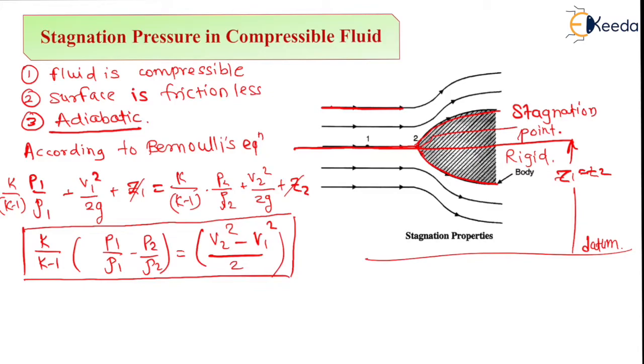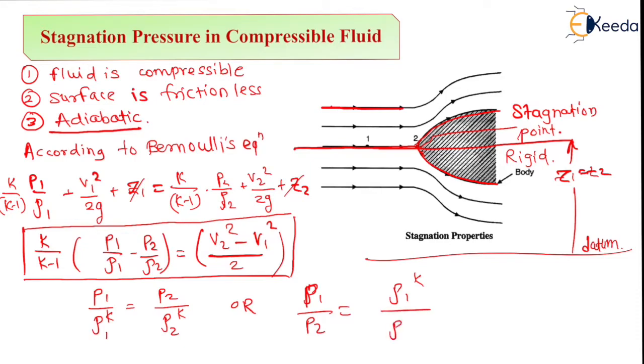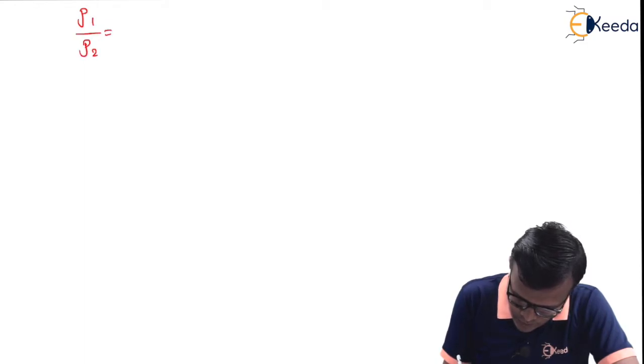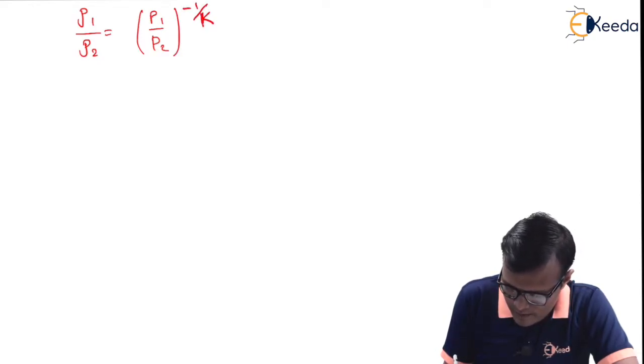As we have considered the condition as adiabatic, it means that p1 upon rho 1 raised to k is equal to p2 upon rho 2 raised to k, or p1 upon p2 is equal to rho 1 raised to k upon rho 2 raised to k, or rho 1 upon rho 2 equals p1 upon p2 raised to the power minus 1 upon k.